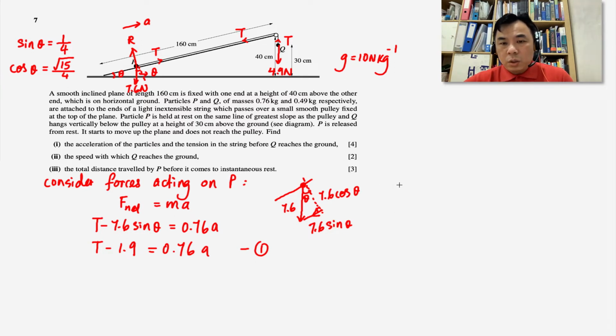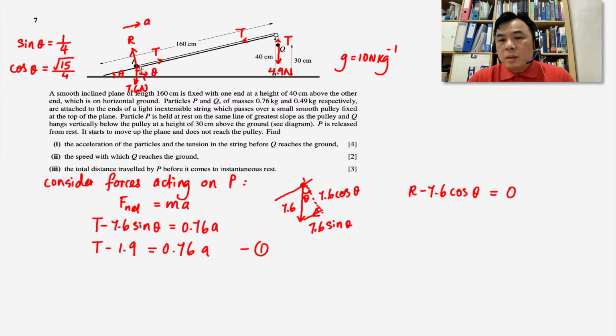I'm just showing it to you. If you consider the forces acting on P perpendicular to the slope itself, by using Newton's second law again, we have R minus 7.6 cosine theta equals 0, because the particle does not accelerate in the perpendicular direction to the slope.